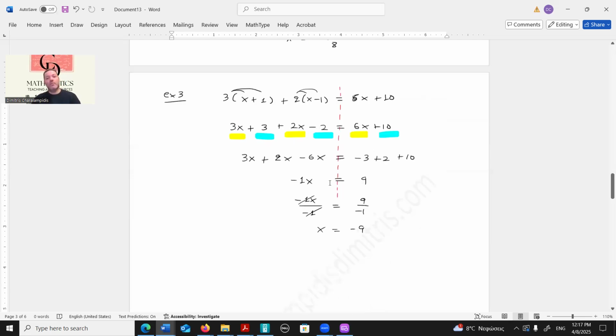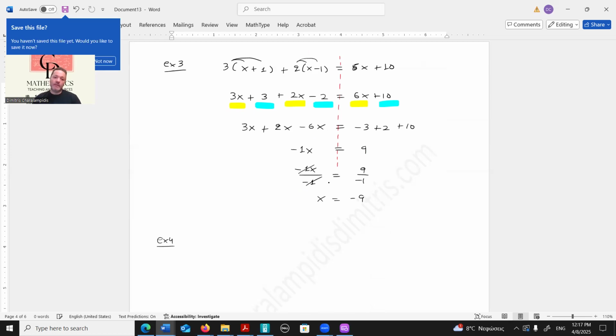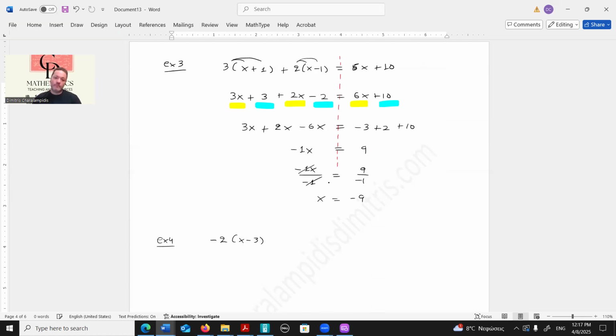And let's see one final example in which I have distributions in both sides. Minus 2x plus 3 equals 3x minus 6 plus 5x.